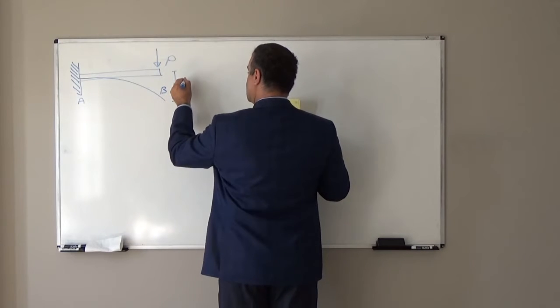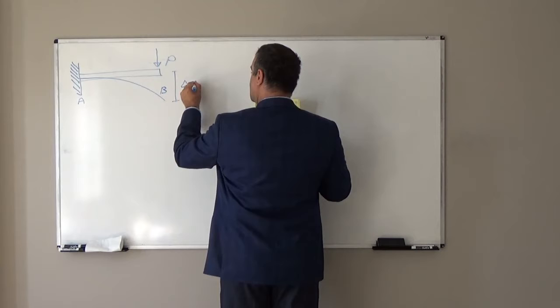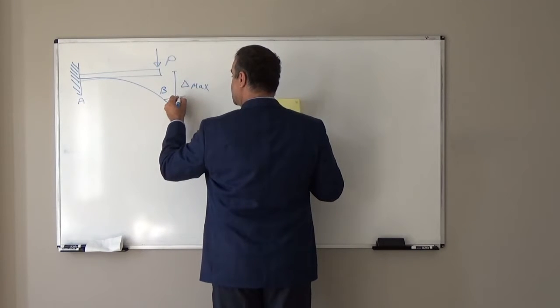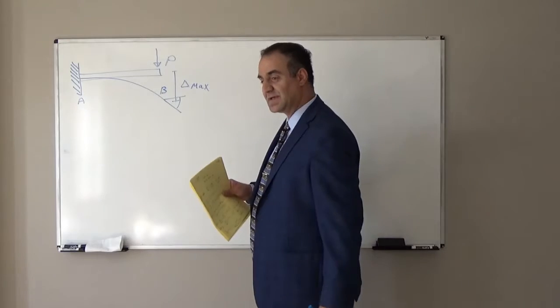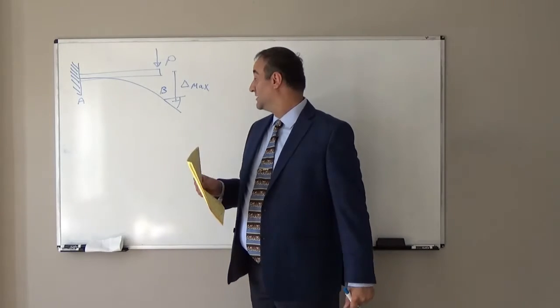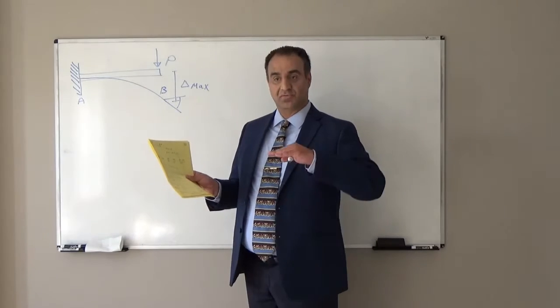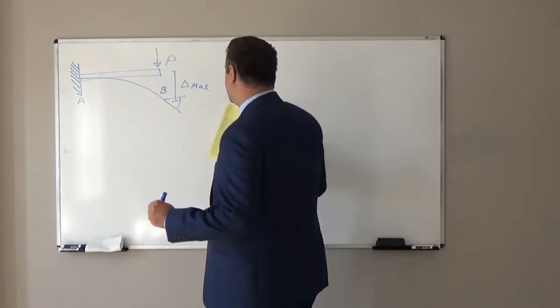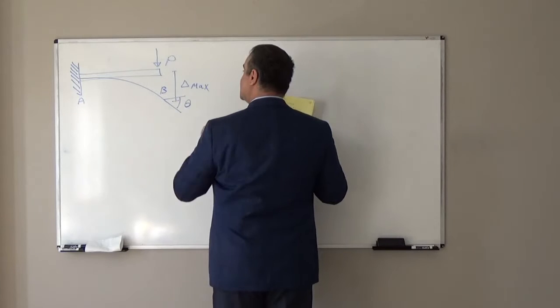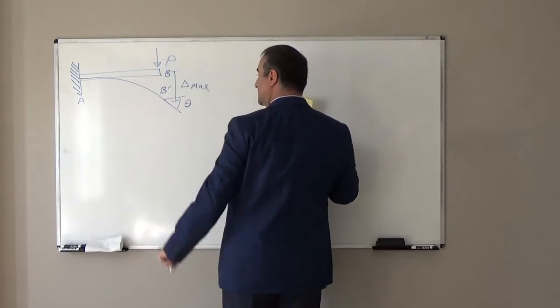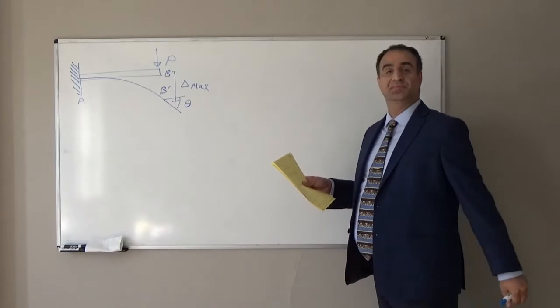This will be the maximum deflection, and for the slope here I should draw a tangent to the deformed shape. The angle between that tangent and the horizontal direction will be the slope of this beam at the free end, point B. So point B will transfer to point B prime.